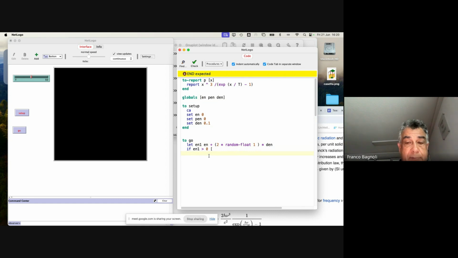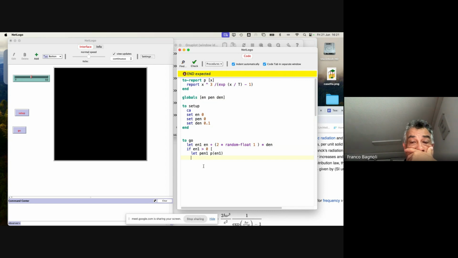We should compute let p of n1, p of n. So now we have to accept the movement with the probability, which is pn1 over pn.